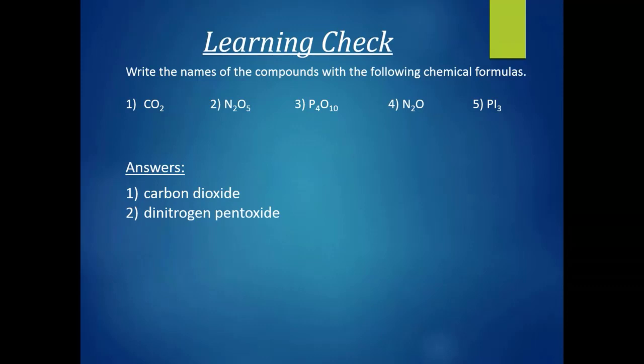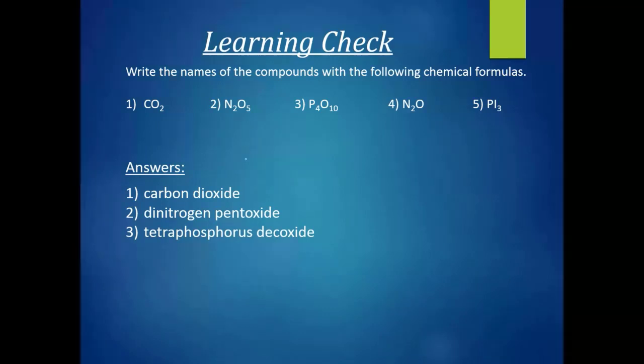So the whole name is tetraphosphorus decoxide. You drop the A. For some weird reason, we drop the double vowel when it comes to the oxide. So tetraphosphorus decoxide. Does that make sense? Sorry I put you on the spot, Jesse.